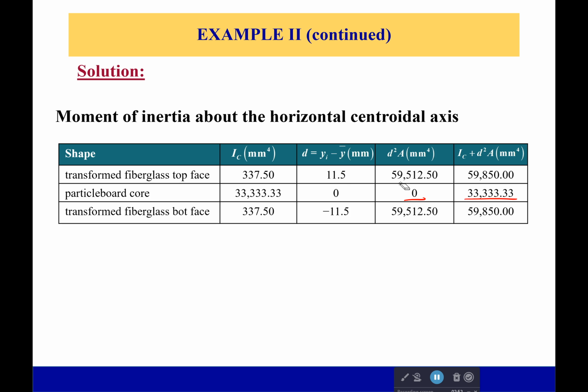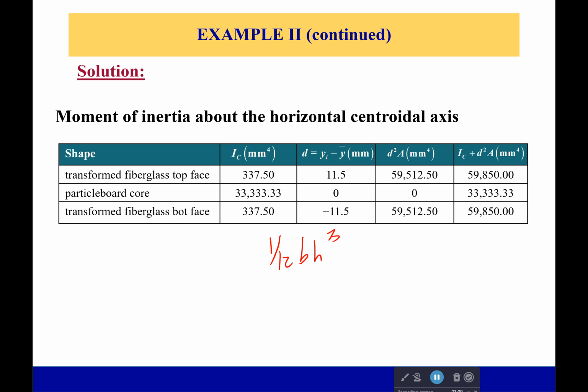Our transformed fiberglass sections, though, are going to need some corrections. First, we know it's going to be 1/12 base times height cubed for them. We don't have much height though, because they're 3 millimeters thick, so it's a fairly small number.